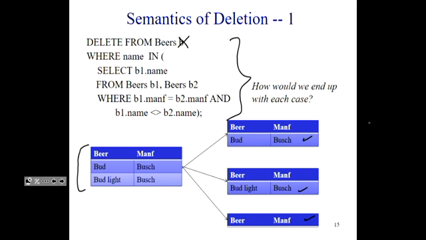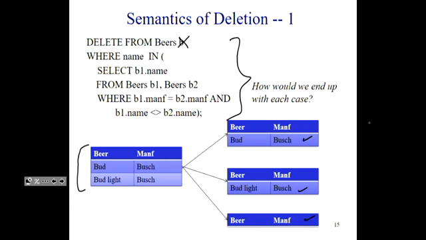So based on that, can you tell me how you would end up with one of these three final results? Pick any one and tell me how you would end up with that. Yep. So you might check for Bud, and then you might check for Light. Do those checking twice, then you might delete the other one.